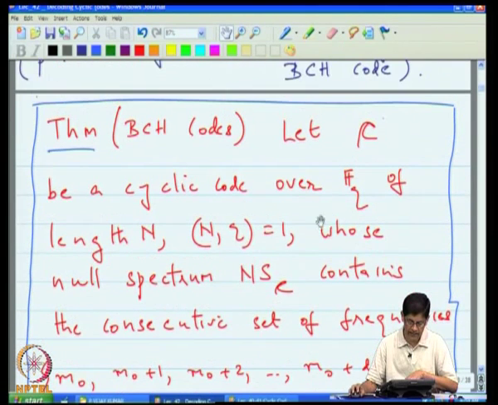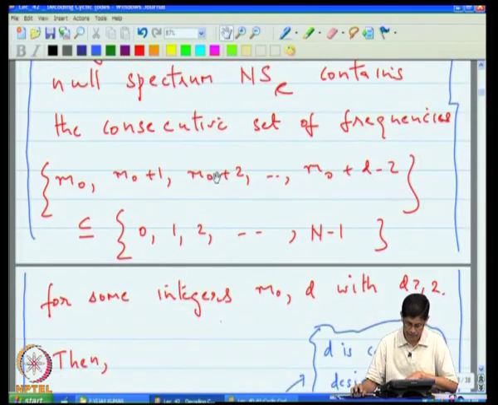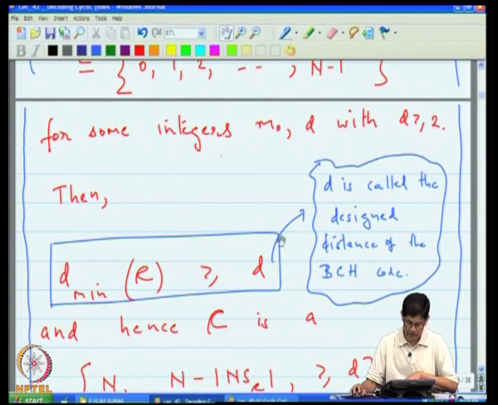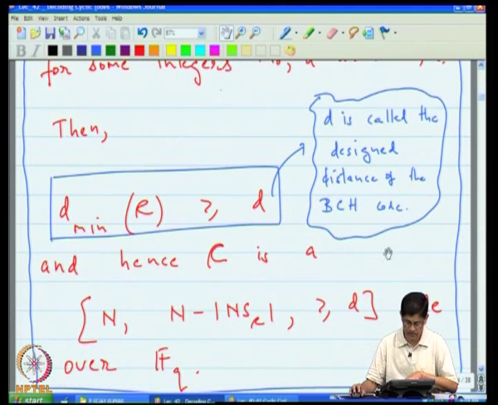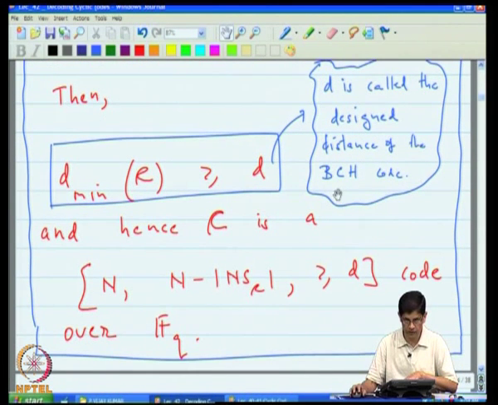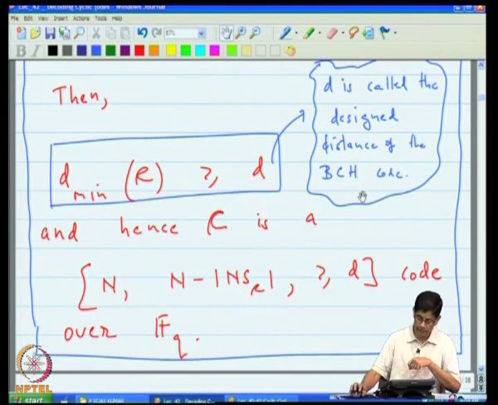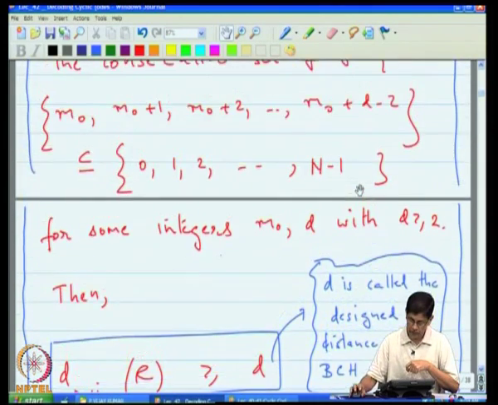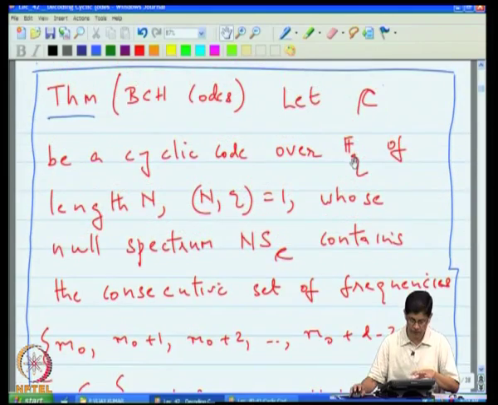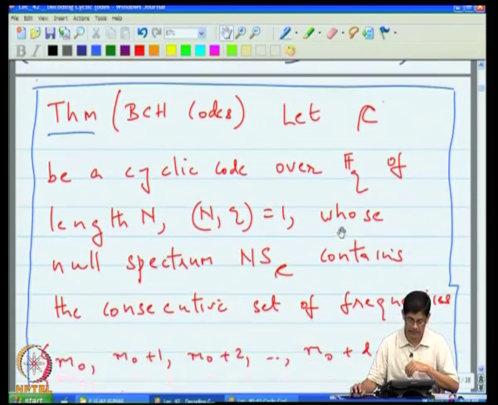I just want to highlight that this class of codes is generally known as the class of BCH codes, and this parameter d is called the design distance of the BCH code. So I just wanted to make sure that you identify this class of code with the class of BCH codes. Okay. So that is the reason for reproducing a theorem which you saw in the last lecture.